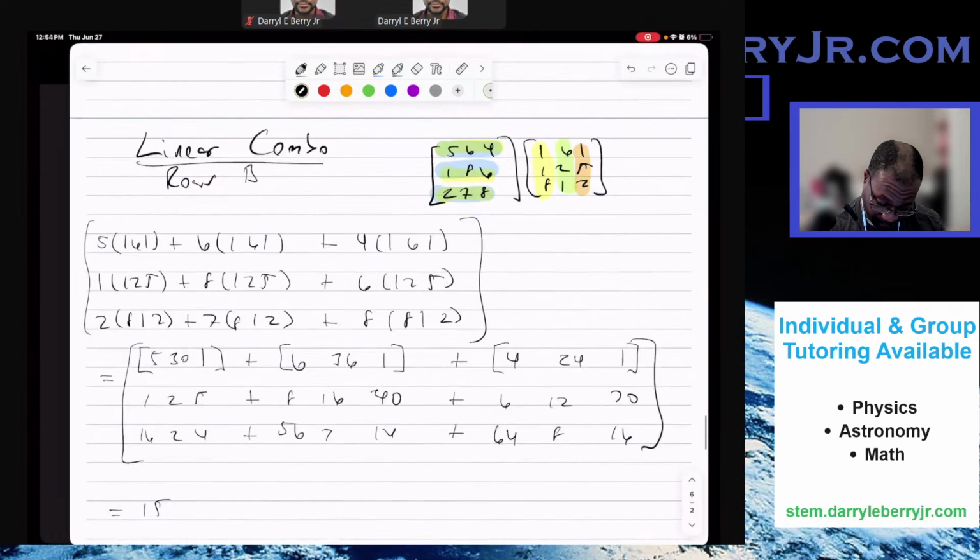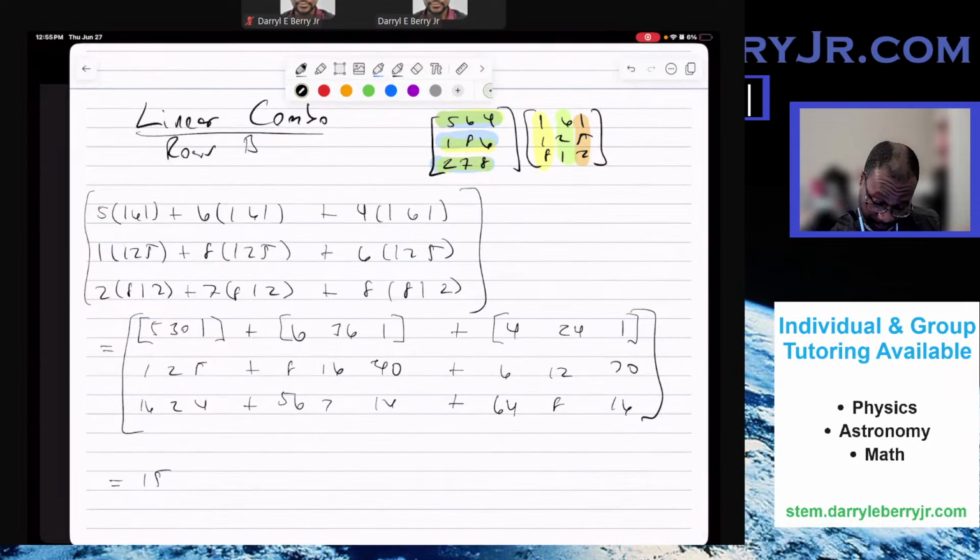Let's see if I can recall this method. Right, I need to look up my notes on this one.